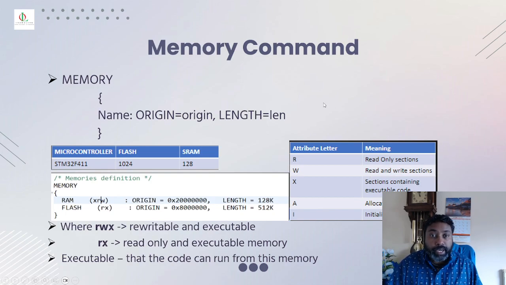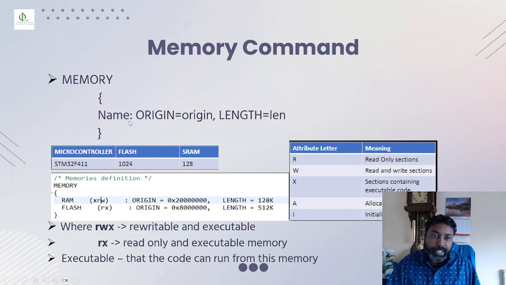If you want to write your own memory definitions in your project, this is the syntax you have to use. Always the command names should be in capital letters, meaning uppercase. It can't be written in lowercase because it will throw an error, and that's how the manufacturers program it. So it has to be MEMORY, and then open braces followed by close braces.